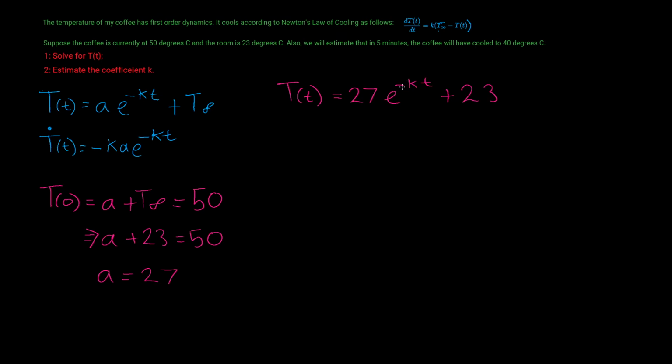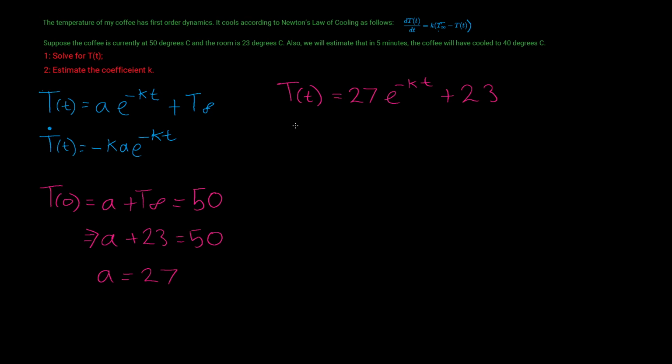The last bit of information we are given says that in 5 minutes' time, the coffee will have cooled to 40 degrees. Now, the time we work with here is actually in seconds. So we actually need 5 times 60 in this case.